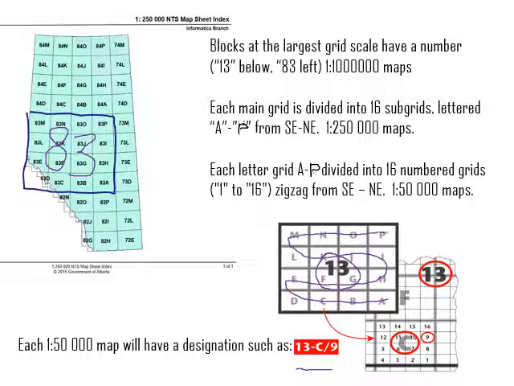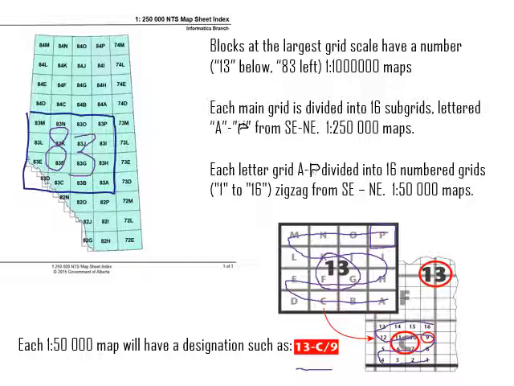Each of these particular map sheets is now a 1 to 250,000 map sheet of the NTS system. Each of these 1 to 250,000 map sheets can then be subdivided into 16 numbers, also numbered from southeast to northeast in a zigzag way again, as you can see here.